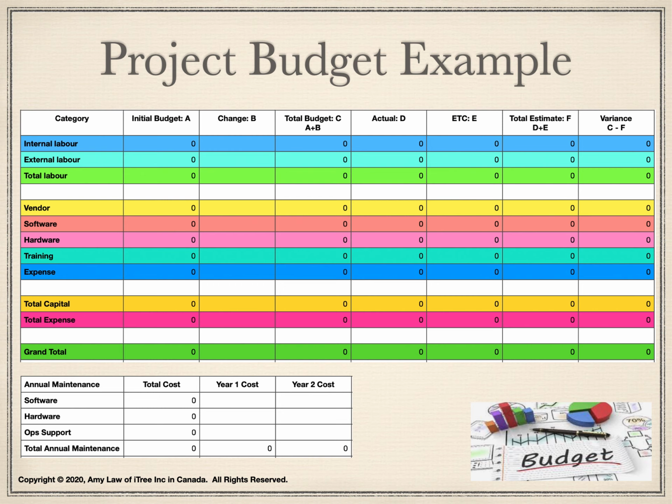On the top, the table has an initial approved budget, change request, total approved budget, actual spends, estimate to complete, estimate at completion, and variance. Last but not least, a separate table at the bottom shows the annual maintenance for the new software, hardware, and operational support cost.